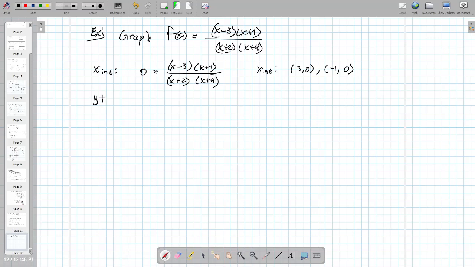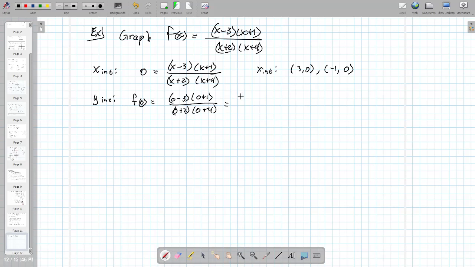And of course, our y-intercept, we just plug in 0 for x. We would have f of 0 is equal to 0 minus 3 times 0 plus 1 divided by 0 plus 2 times 0 plus 4.